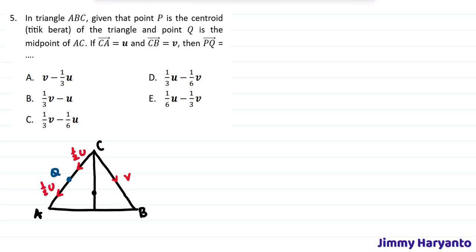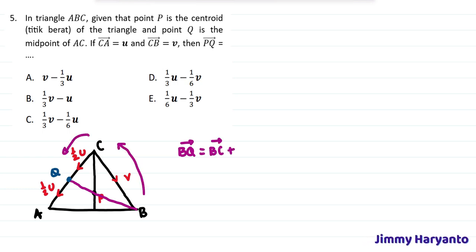And then I think we can get the vector of BQ. Let's try to find BQ first. BQ equals BC plus CQ.